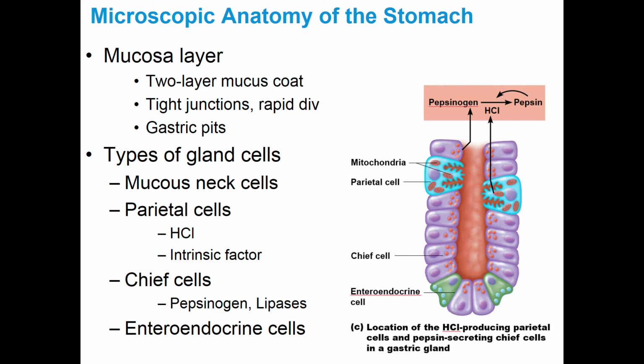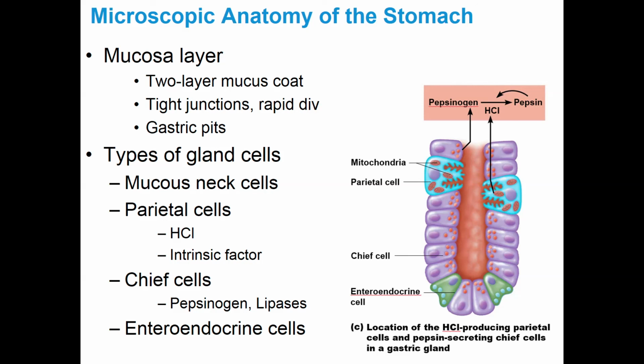If you eat a big salad, while we can't break apart the cellulose that makes up the structural carbohydrates of that plant, we can break it down. We can't break it down enough to actually absorb those carbohydrates, but we can break it down to make it easier for it to pass through the rest of the GI tract. And so hydrochloric acid plays an important role in that breakdown.